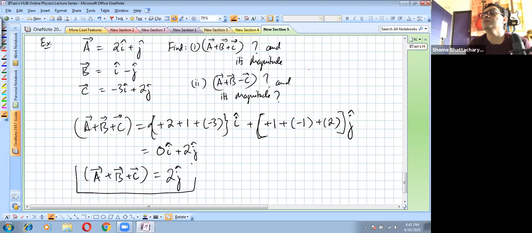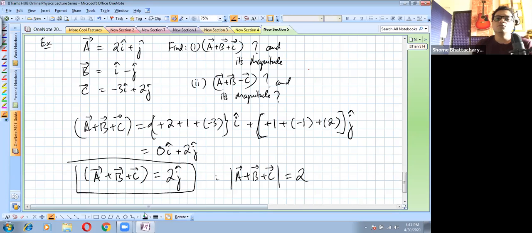And because it has only one component, its magnitude is just that component. So magnitude of A plus B plus C is just 2, because it's square root of x square plus y square. Now x is 0 and y is 2. Correct, Ishita, your answer is correct. For both the parts.